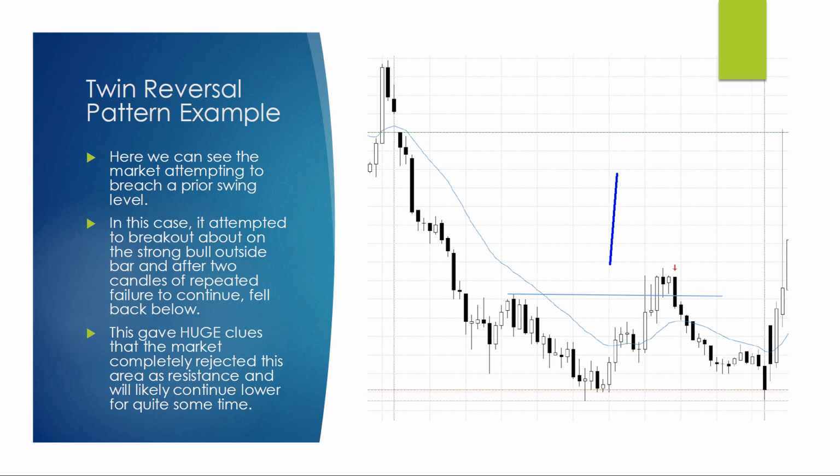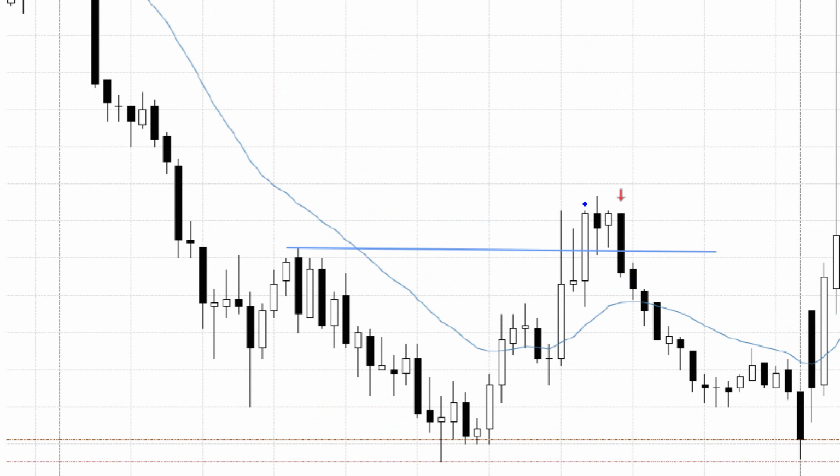Twin reversal candle. Pushes up very aggressively, pushes down below that area, in this case of resistance, just as aggressively, right? If you match these two candles up, this candle here and this candle here, they're very equal in size. They're not exact, but they're very close. The body of the candle is almost identical. The only thing that's different is this has a little more wick on the bottom.